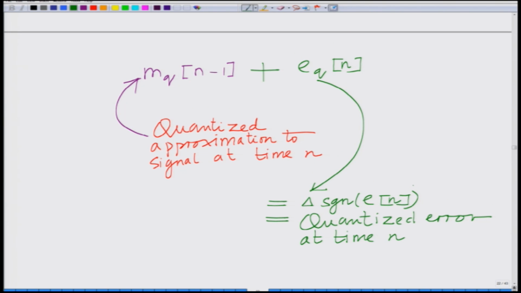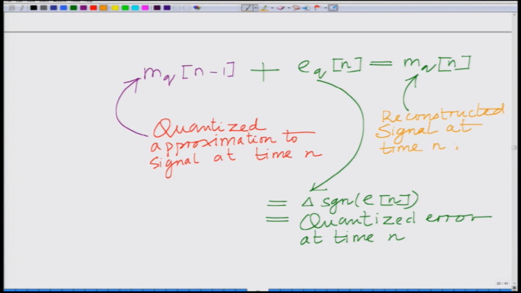Therefore, MQ[n-1] plus EQ[n] equals MQ[n], where MQ[n] is the reconstructed signal at time instant n.